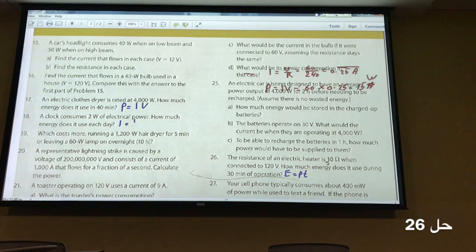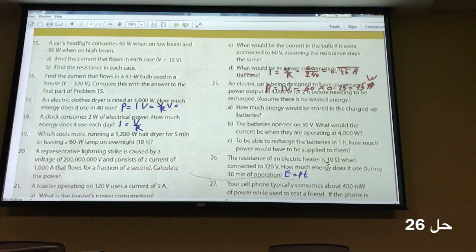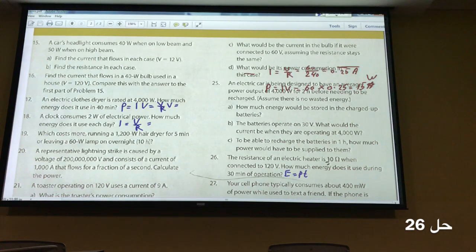We can solve it in one go with V over R multiplied by V, or solve equation by equation so you don't get confused.